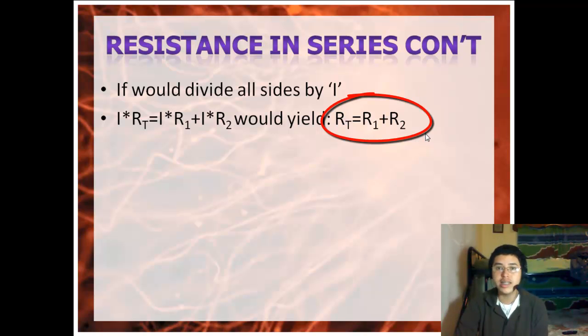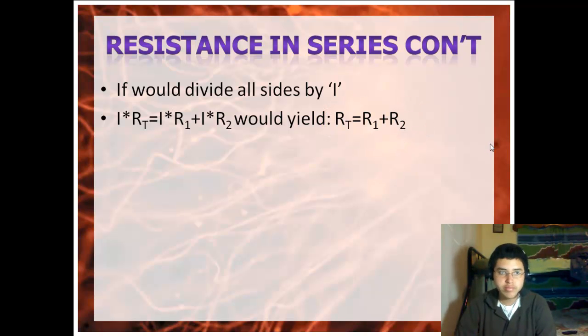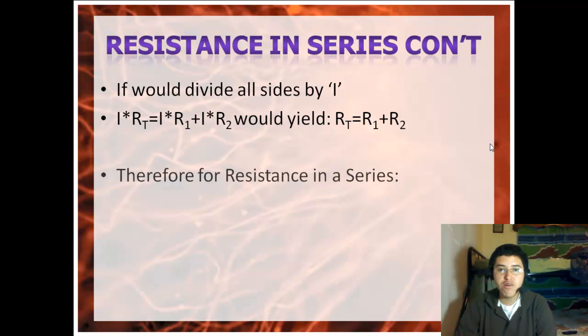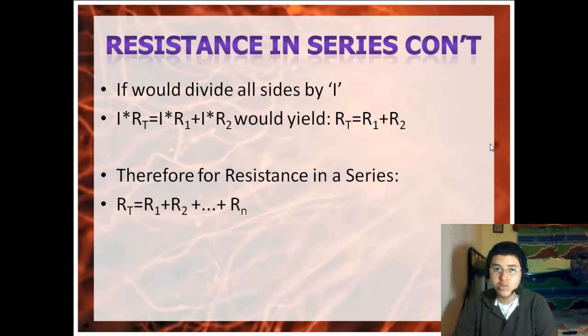Or we could say that the total resistance equals the sum of the individual resistances present. Therefore, for resistance in series, the general function is that the total resistance equals the sum of all the present resistances.